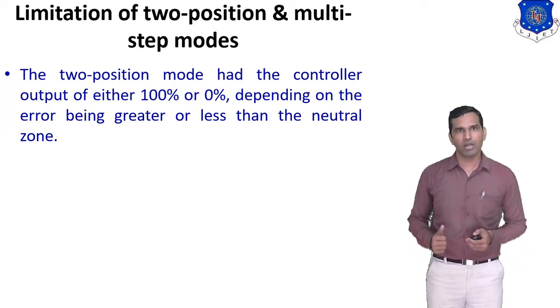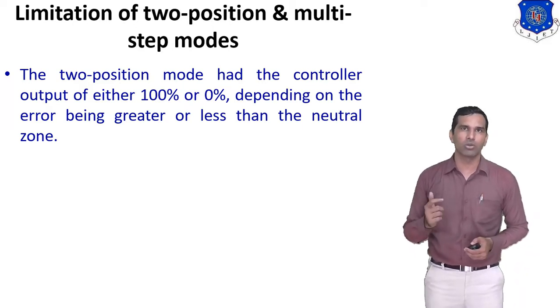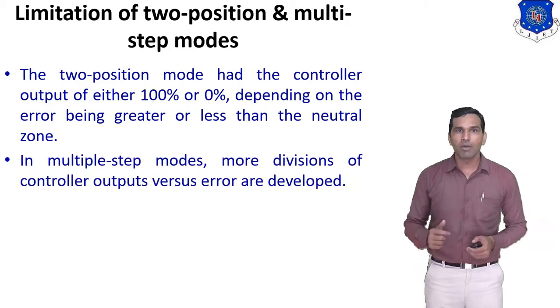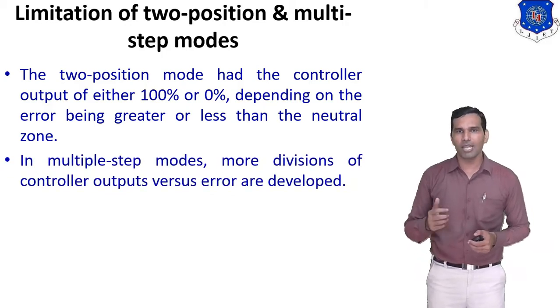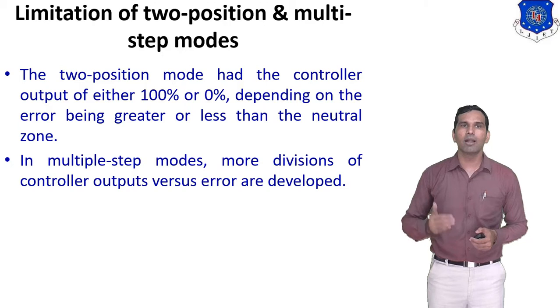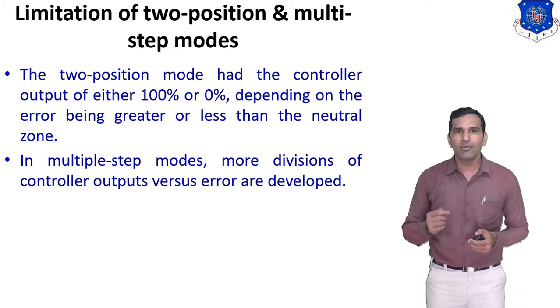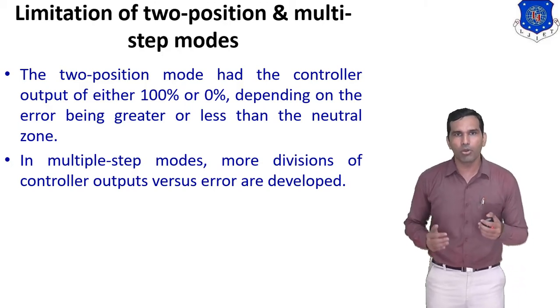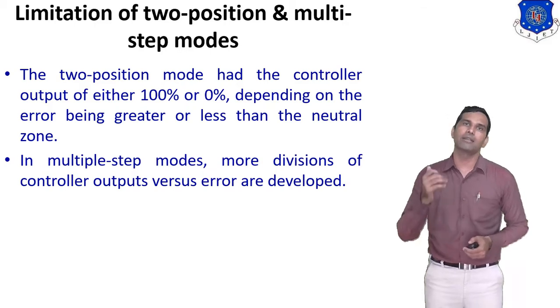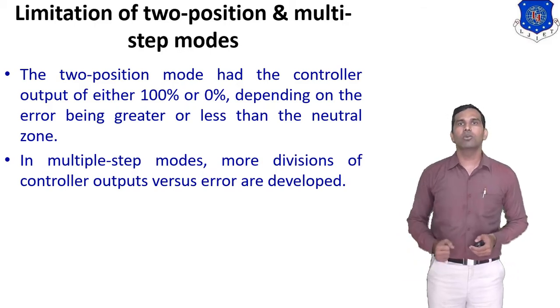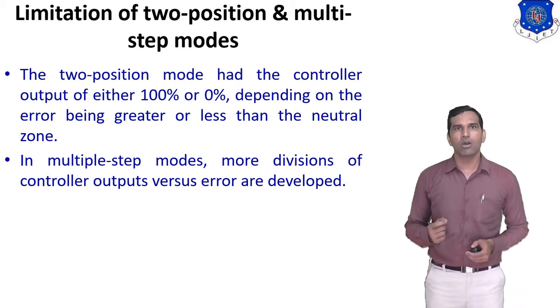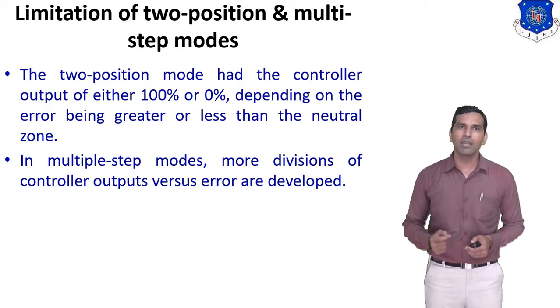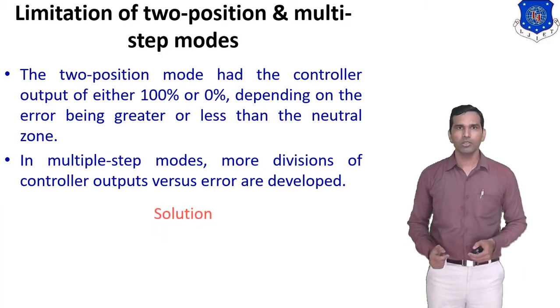This is the first limitation of the two position control mode. In the multi-step mode, more divisions of controller output versus error are developed. These are the two main limitations of two position and multi-step modes.